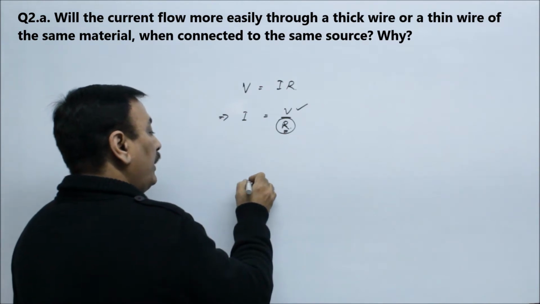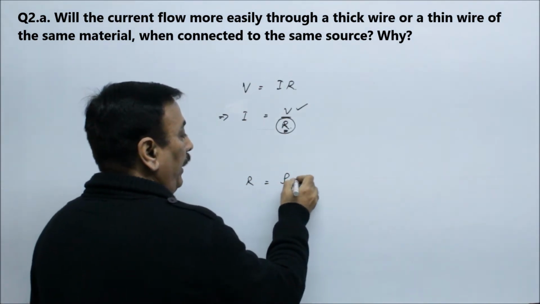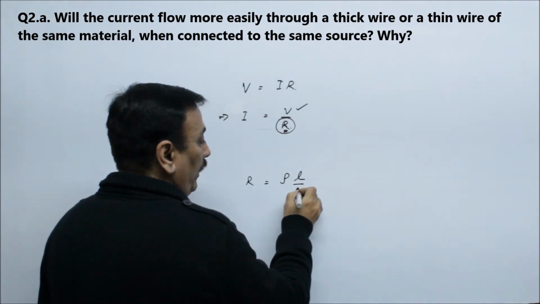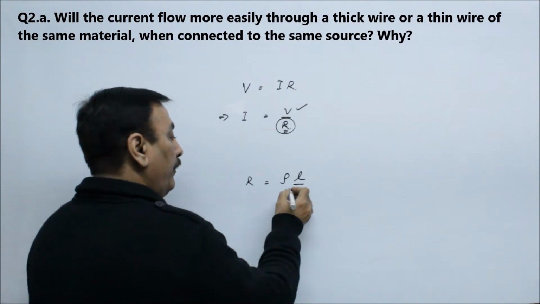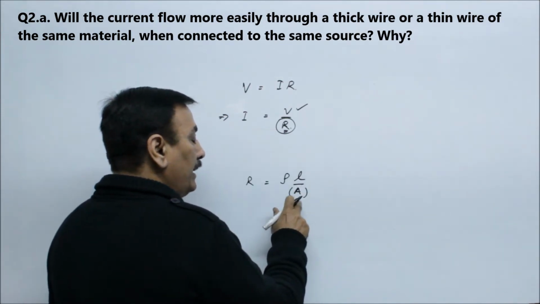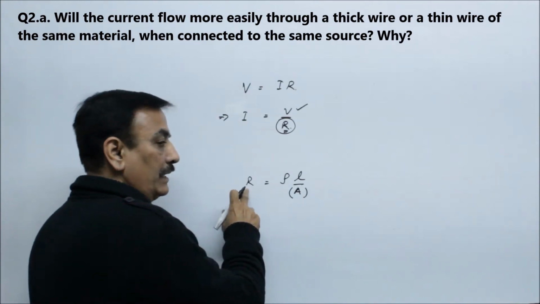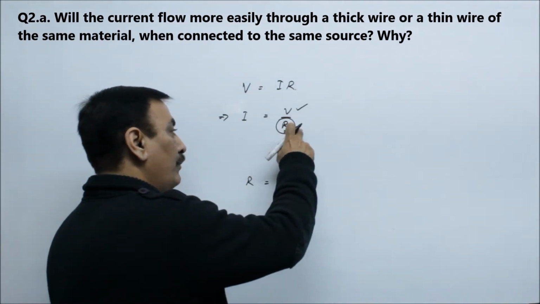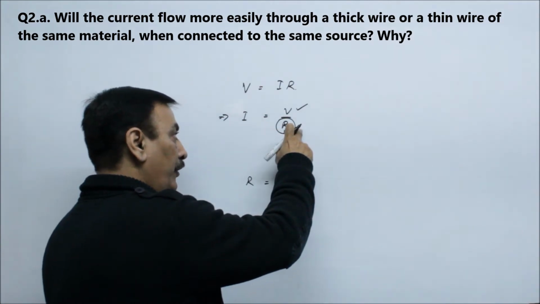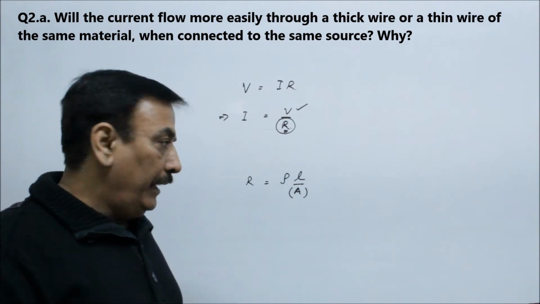Now, coming to the expression of the resistance. So, expression of the resistance we know is rho L over A. Now, other parameters remaining the same, we can easily see in case the area is more, the resistance will be less. And in case the resistance is less, if we place a smaller value of resistance here in the denominator, it will give us a larger value of the current.